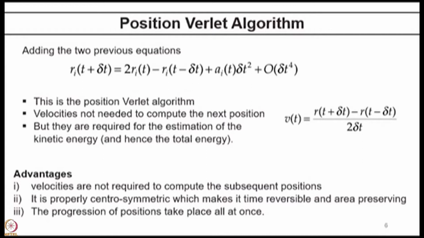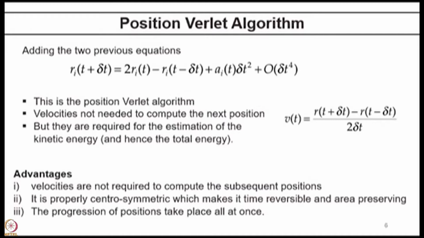When I get rid of the first term, the linear term, I get rid of also the velocity, but I do have the acceleration a(t). So this is called the position Verlet algorithm. Very, very neat technique. Then in this technique, velocity is obtained after you get the trajectory.